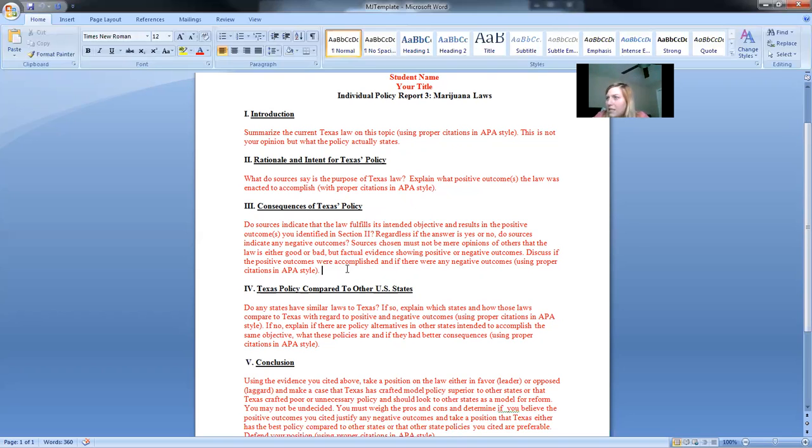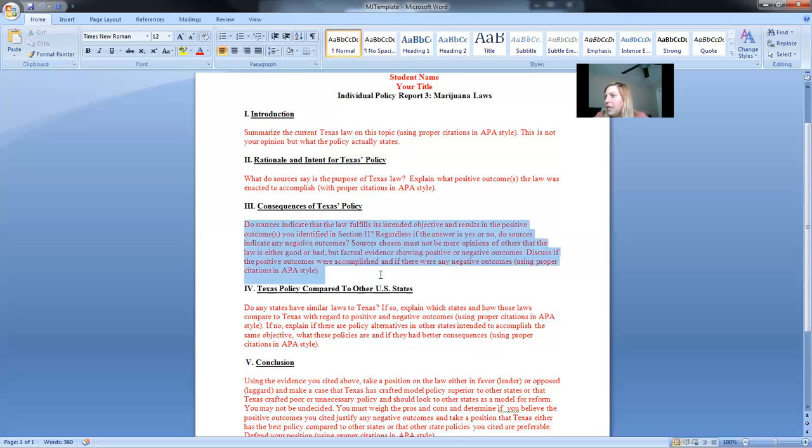I don't want in this section, and I'm telling you right now, I don't want you telling me how much jail time, how much fine, how much someone is fined. That's the description. That's something that would go in the introduction if I were asking for that much. I'm not. Consequences of Texas policy is, does the policy fulfill its intended objective of keeping people from being addicted, from keeping less product on the street, from keeping people from crashing cars or whatever it's supposed to stop them from doing?